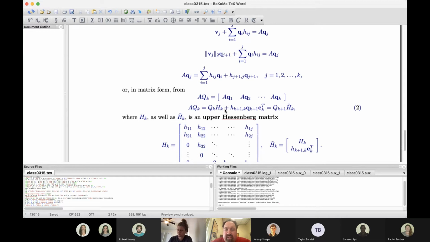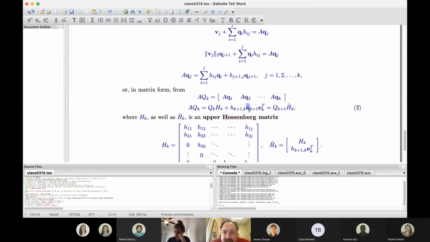And then these terms right here, okay. All right. Well, all of these for j going from 1 up to k minus 1 will get included in this. But the very last one, when j is equal to k, I need to write separately because capital Q_k consists of q_1, q_2 up to q_k.